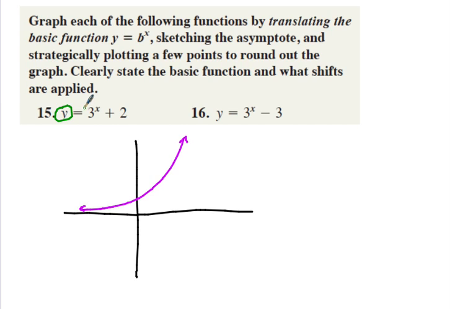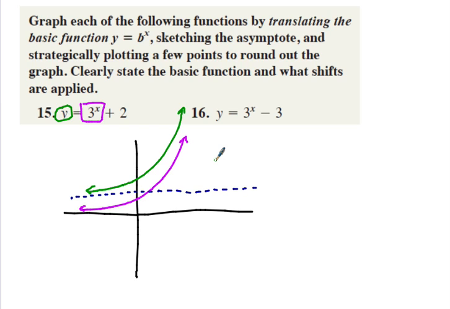This is 3 to the x, that's basically our purple graph. And then we're going to take all the purple stuff and just shift it up. We're going to add 2 to it. So instead of being 1/27, it's going to be 2 and 1/27. So basically we've shifted this up 2 units, and we've moved this horizontal asymptote up, and then it's the exact same graph, just shifted up 2 units. Everything just gets moved up.